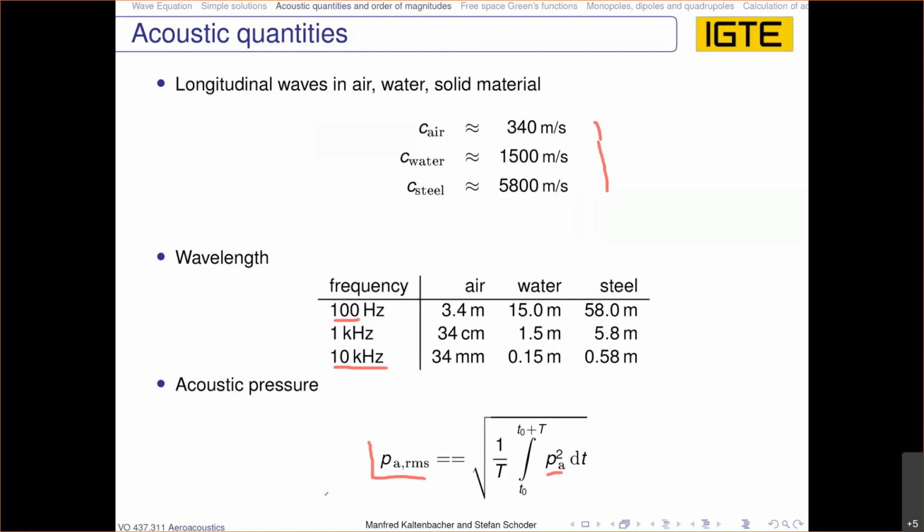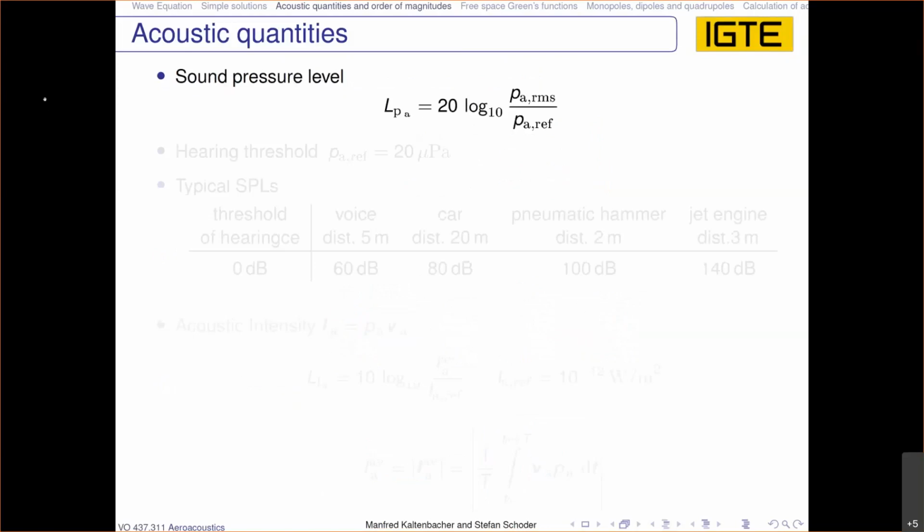However, the perception sensor for us are the ears, and our perception is more or less logarithmic. That's why we go over and describe everything on a logarithmic scale.